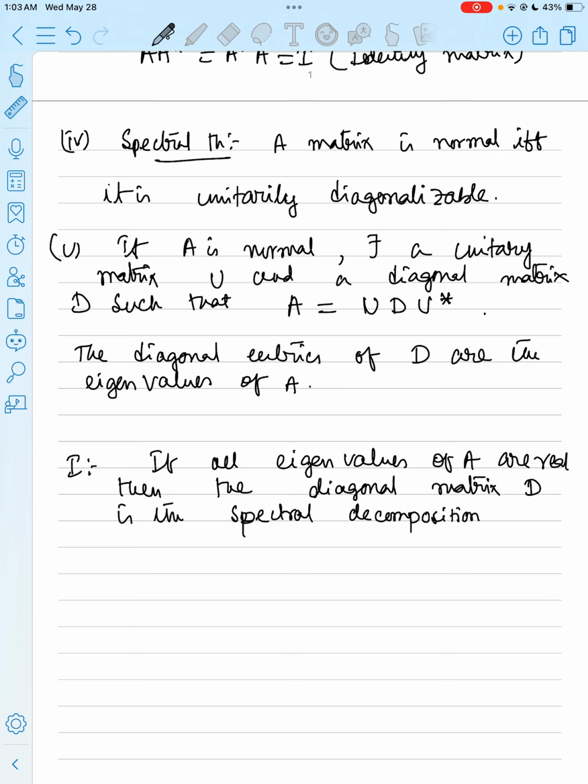If you don't know what spectral decomposition is, just go through the concept on Google. You will see that it is very easy. So D has real entries.